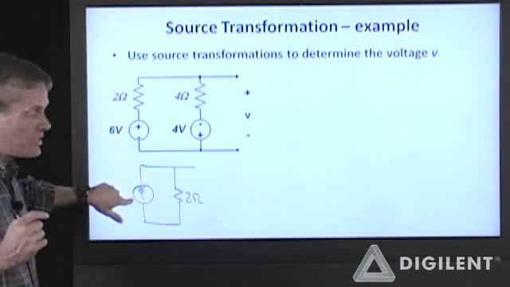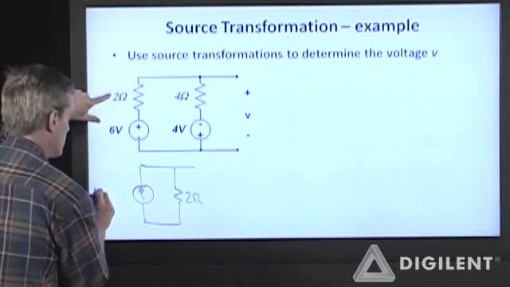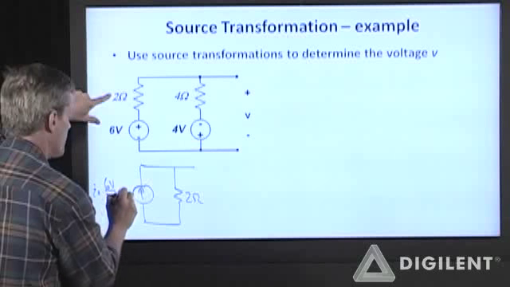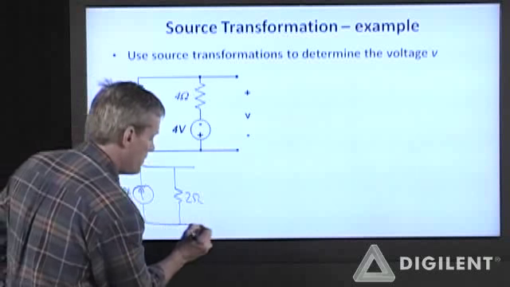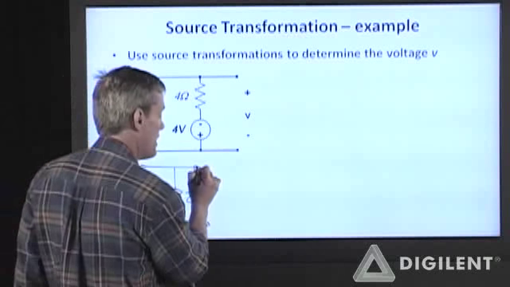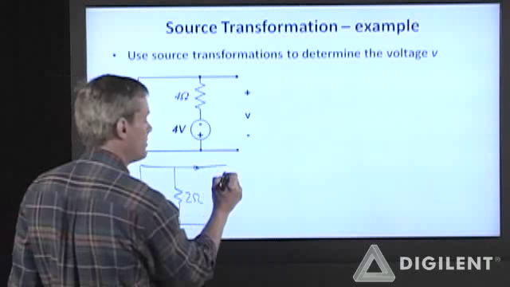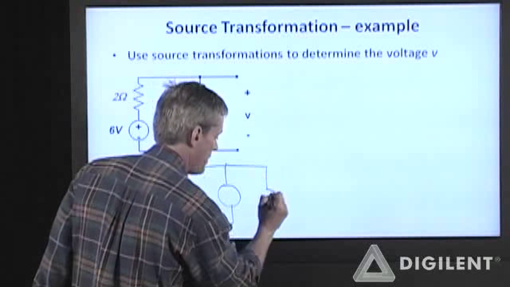The value of this current source is the voltage over the resistance. So I is 6 volts over 2 ohms, which is 3 amps. These terminals here connect to this circuit here. This series combination of a voltage source and a resistor can be replaced with a parallel combination of a current source and a resistor.